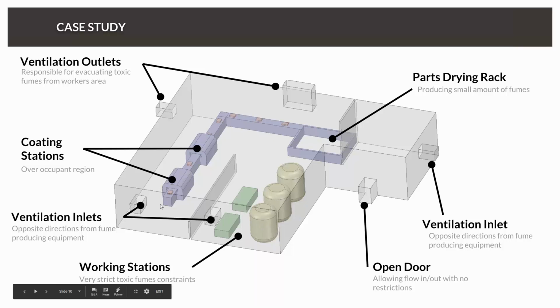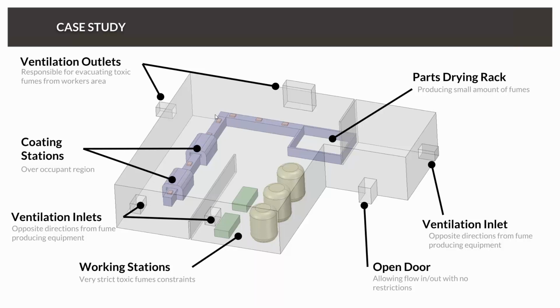And therefore, there were some inlets and outlets. And the idea was that a draft would catch all the pollution, all the fumes, and take them out before they can mix with the surrounding air. And we have, as I mentioned, two inlets in the opposite direction from the fume production equipment.